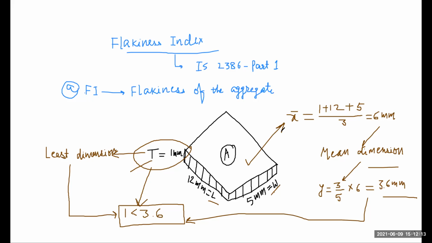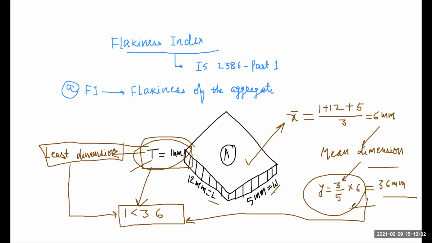You also identify the least dimension, which means the lowest value of all the dimensions. Here the lowest value is 1 mm, so that is our least dimension. If the least dimension is less than 3/5 of the mean dimension, then our particle is a flaky particle.